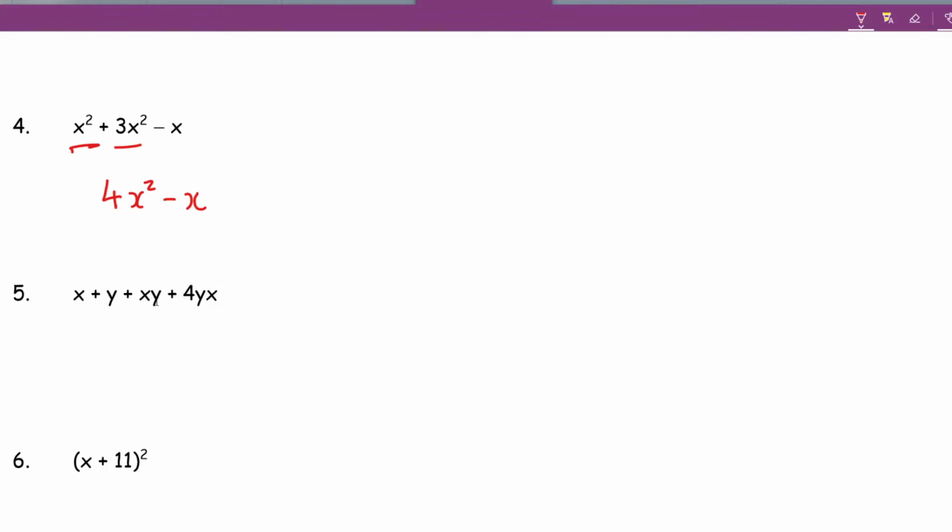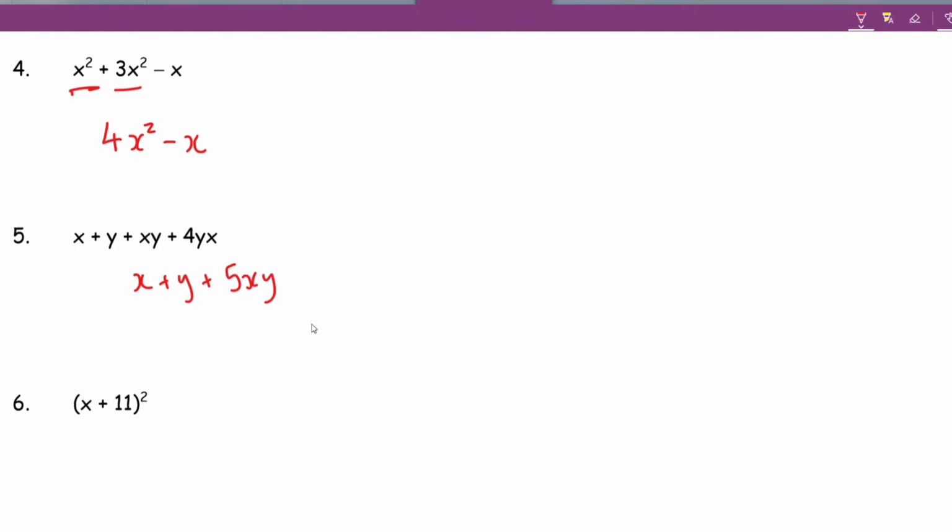It's just like saying 2 times 5 and 5 times 2, they are commutative, so they will give me the same product. So first of all, there's only 1x and 1y, and then you've got 5 plus xy.